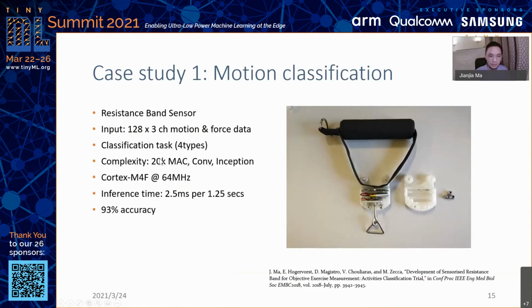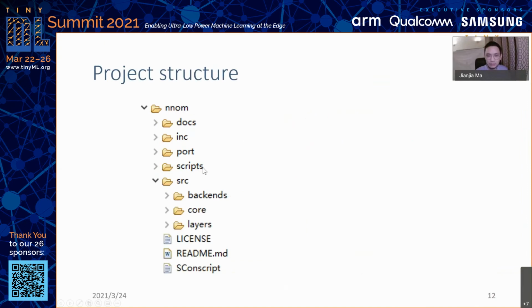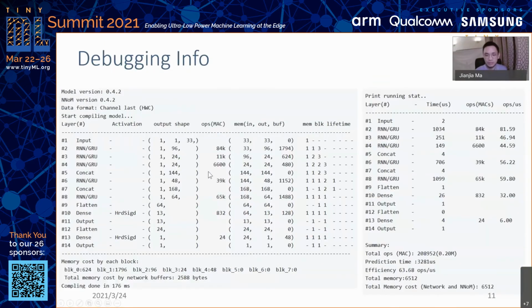For this one, it's only 20K MAC, which is multiply-accumulate operations. What's shown here is actually the RNN-Noise model information. This is case study 2.